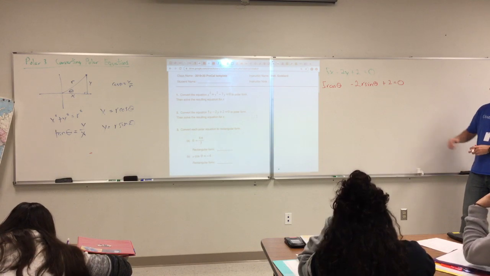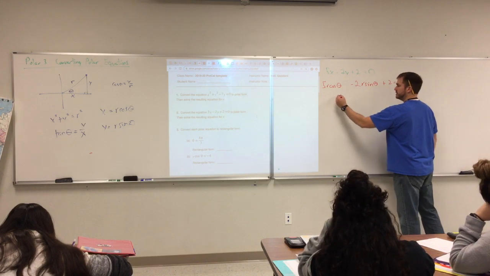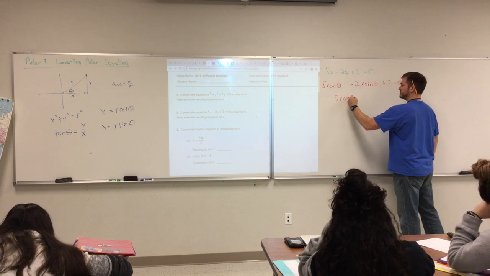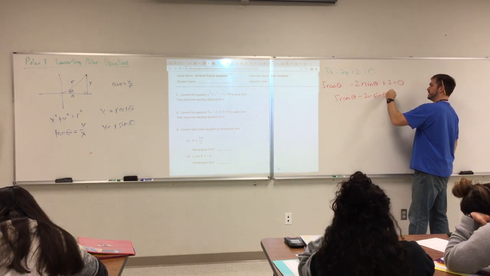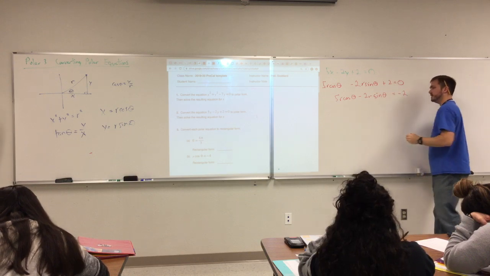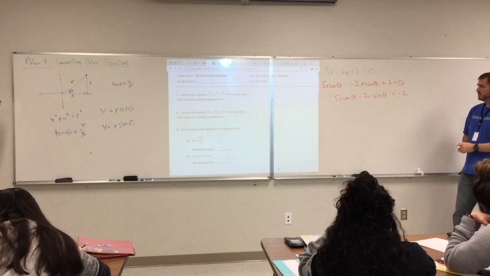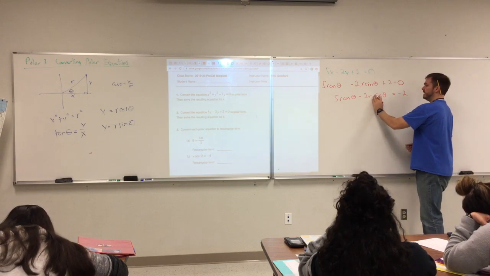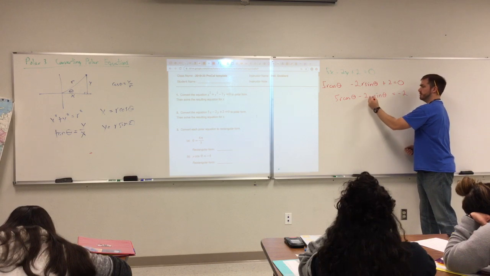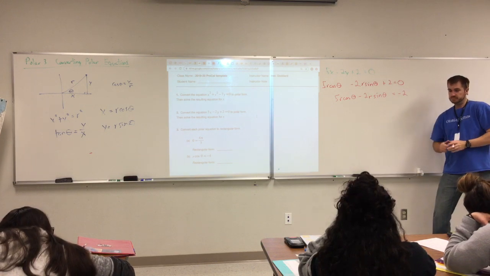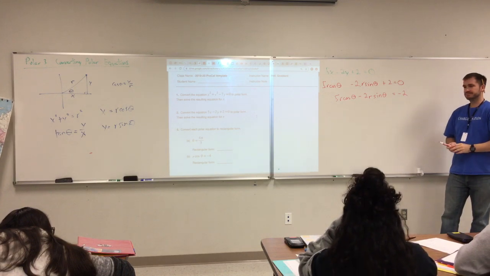First thing I might do is subtract 2 from both sides. So I have 5r cosine theta minus 2r sine theta equals -2. Anybody have an idea on how to get the r all by itself at this point? We got Preston.